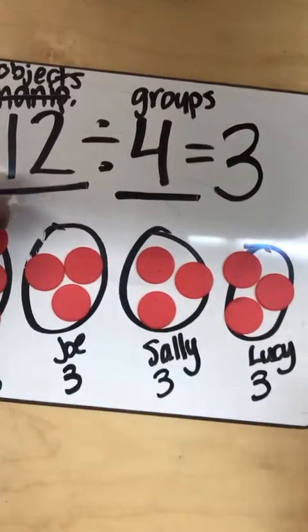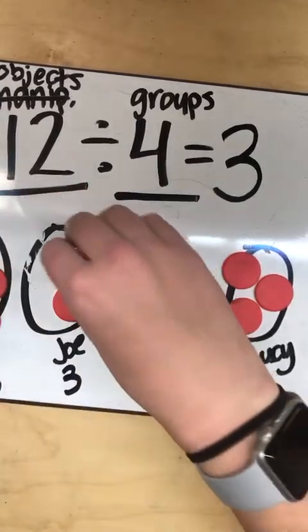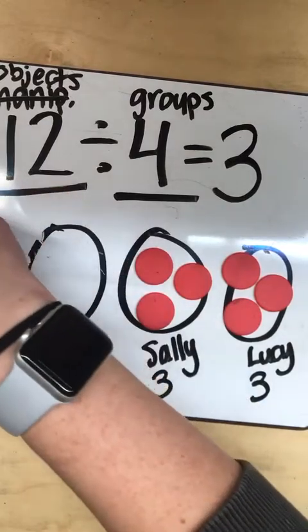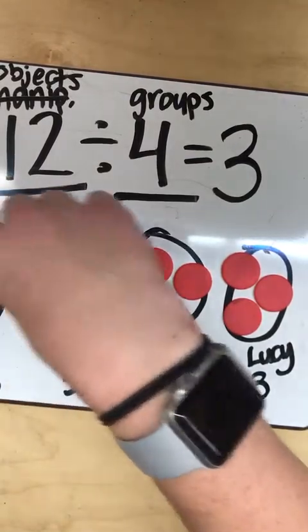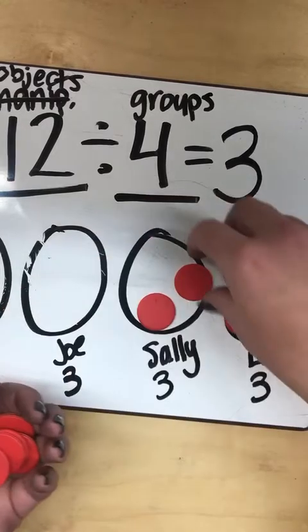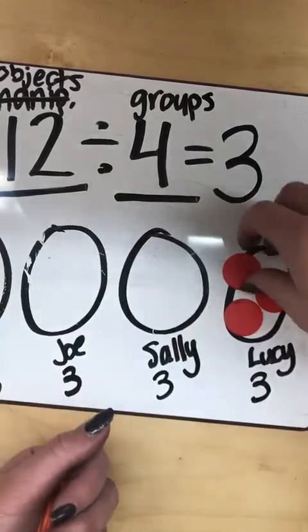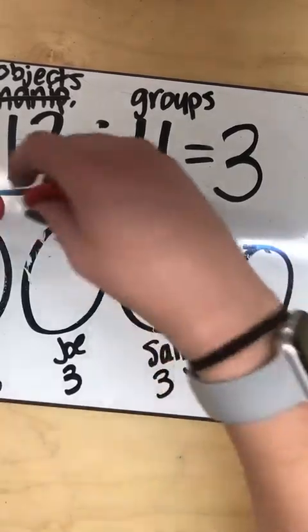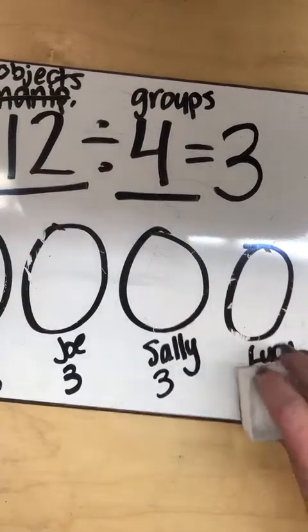So this is how we teach the beginning skills of division, getting the concept of splitting it up evenly between multiple groups. I know it's easier for a lot of us to do long division, but really explaining the why behind it is an important first step before teaching that process.